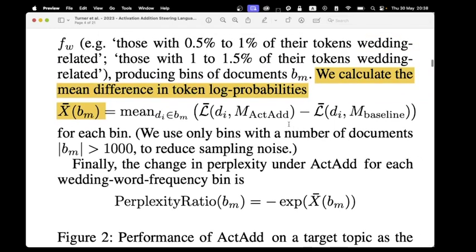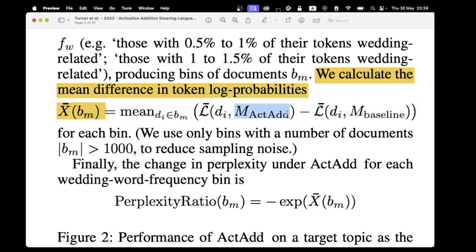And so we have a bunch of documents with wedding words, we have a bunch of documents without wedding words, and we ask what is the baseline model's perplexity? And what is the patched model perplexity? And what is the difference?